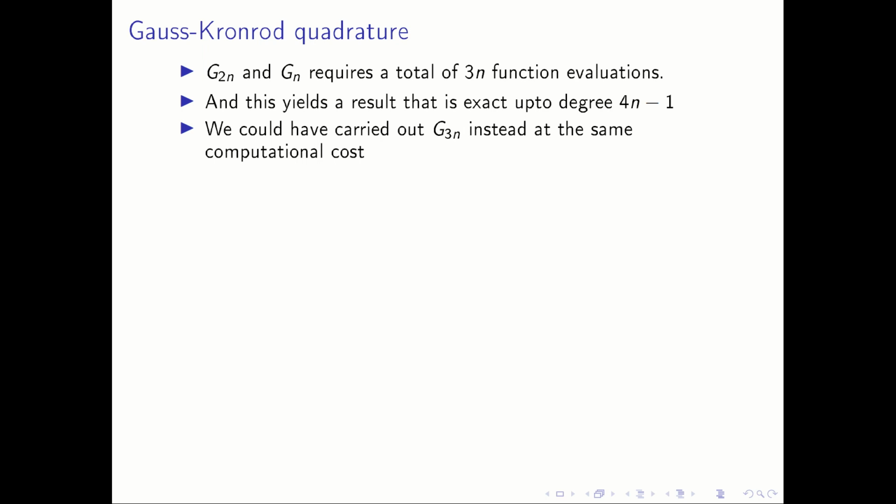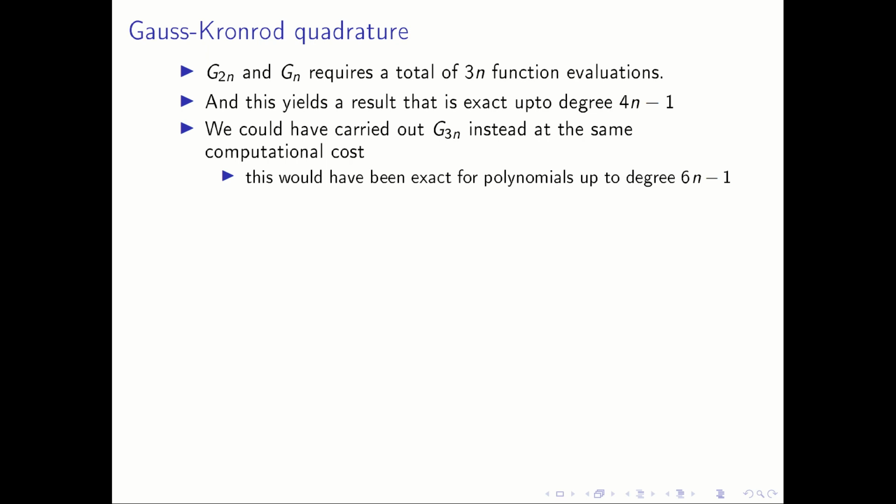Now, with 3n function evaluations, we could have carried out G3n at the same computational cost, just 3n function evaluations, at different points, of course. So instead of carrying out G2n and Gn, we could have carried out G3n, which would have been exact for polynomials up to degree 6n minus 1. But the trouble there would be, this would give me no estimate about what the error is.